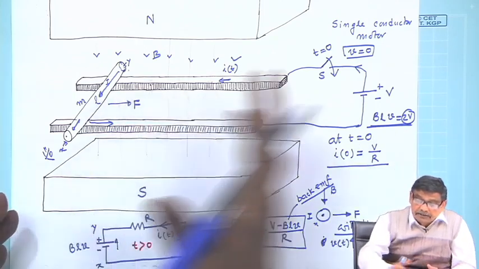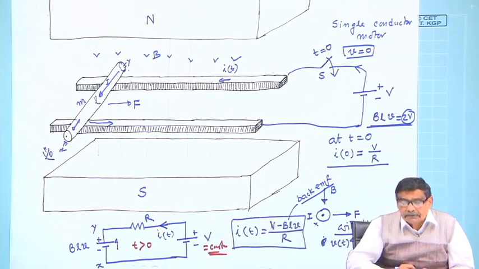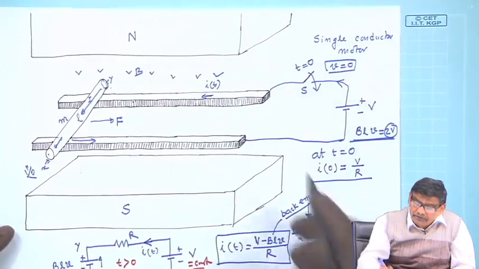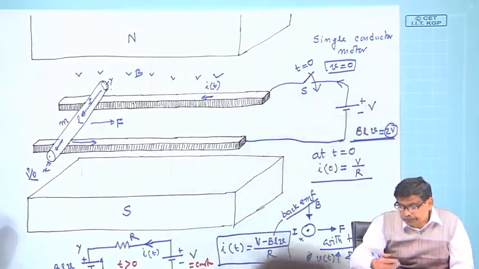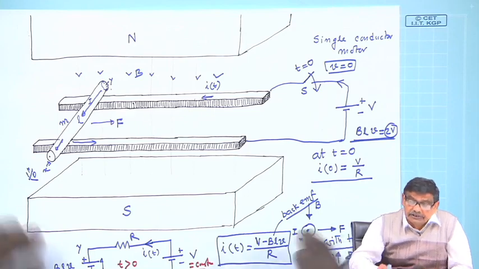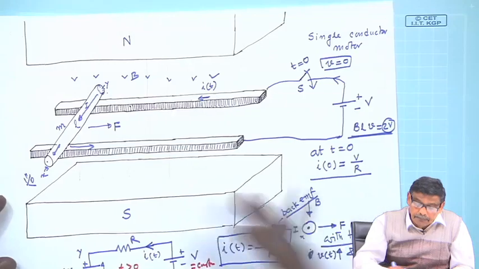So, it will run under no load condition. I mean, several interesting features you can have. But as I told you, similarly for the generator, we will include a couple of examples in your tutorial sheet. You must solve those problems for better understanding.